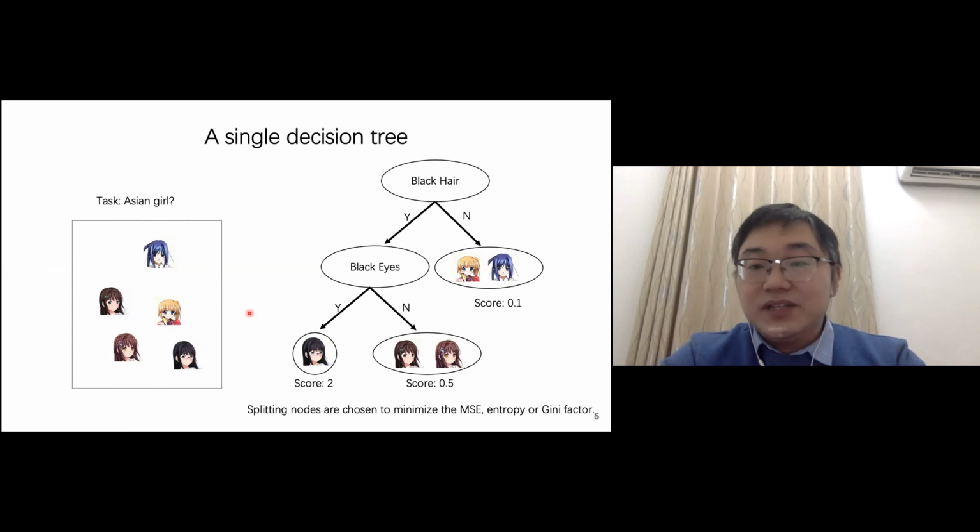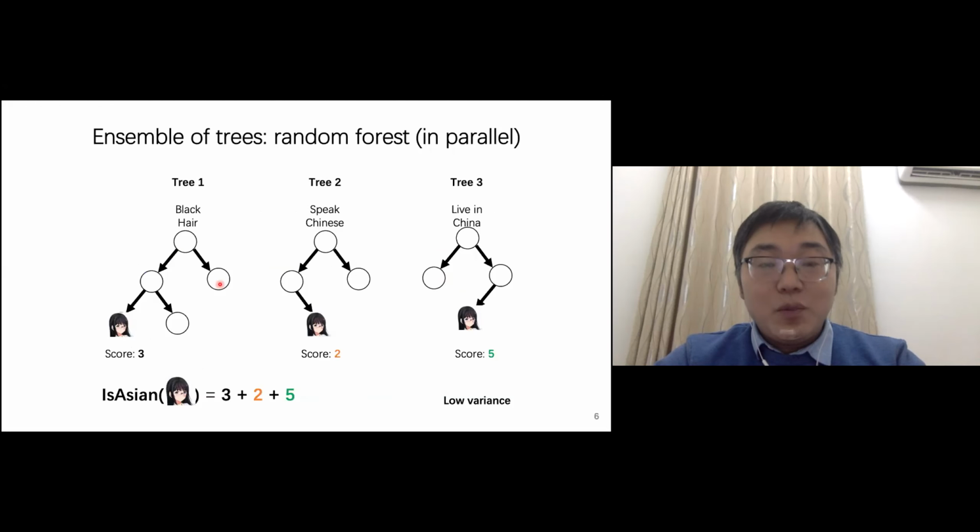A single decision tree is a white box model. It's a white box machine learning model where each decision process is understandable by humans. And each decision node is chosen to maximize the information gain. One can train a more powerful machine learning tool using an ensemble of trees.